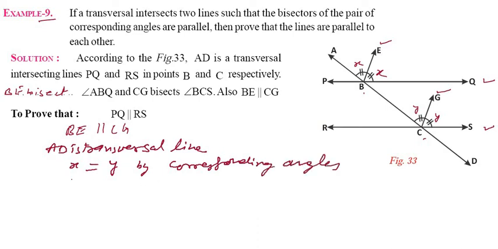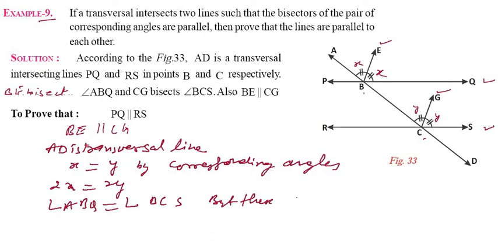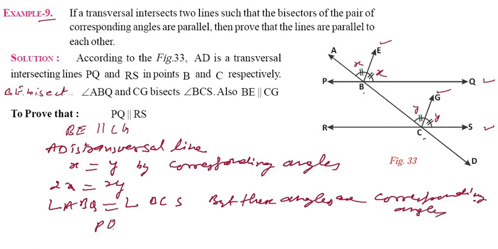That means with the help of corresponding angles, we can say 2X is equal to 2Y. We can multiply by 2. Now it is multiplied by 2. So 2X equal to 2Y. That means angle ABQ is equal to angle BCS. But these angles are corresponding angles. Hence line PQ parallel to RS. Hence proved.